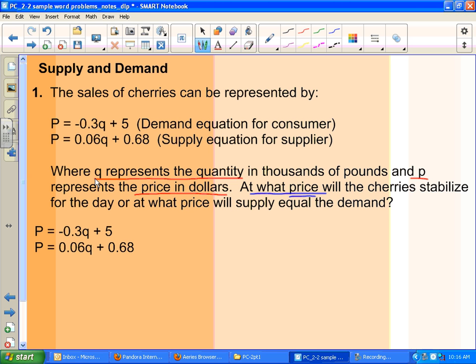Now we're getting ourselves into something called a break-even analysis. When our supply equals our demand, this can be used to show a break-even point. We're going to get to those a little bit later. But the concept of breaking even is that those two have to be the same.